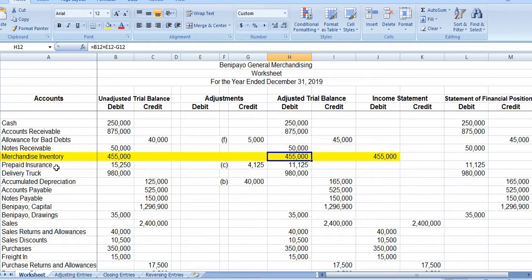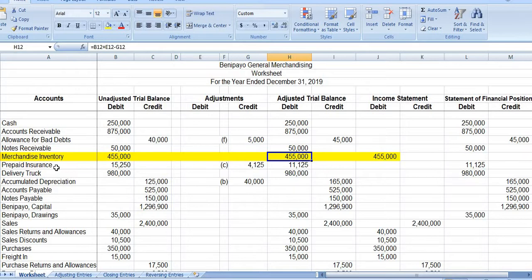Where is merchandise inventory beginning found? Is it found in the statement of financial position? No. What appears in the statement of financial position is the merchandise inventory end, not merchandise inventory beginning.